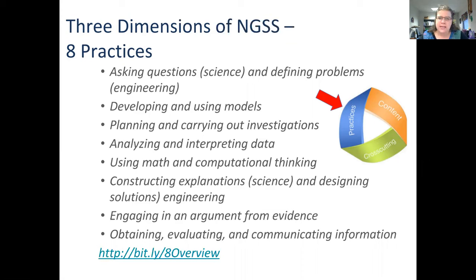Frequently, when I ask science teachers, what do you want from your students by the end of this year? We hear things like, I want them to be able to reason critically. I want them to be able to problem solve. I want them to be able to think. I want them to be able to analyze information that they're hearing. I don't typically hear, I want students to be able to balance equations.